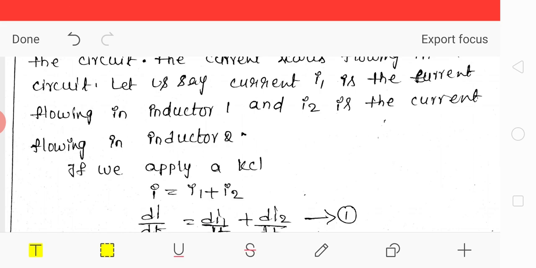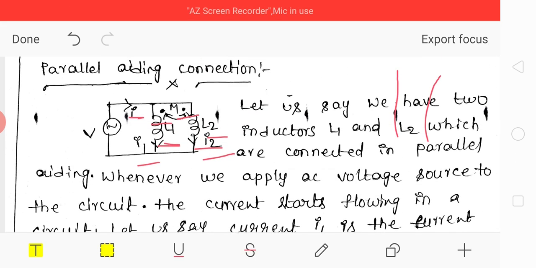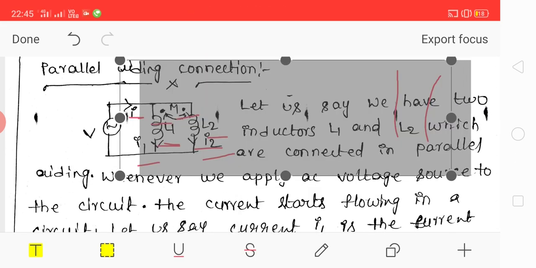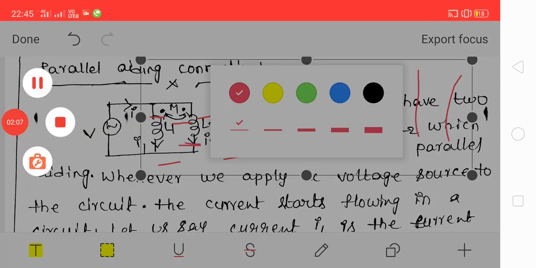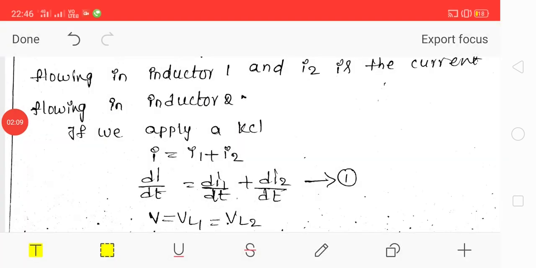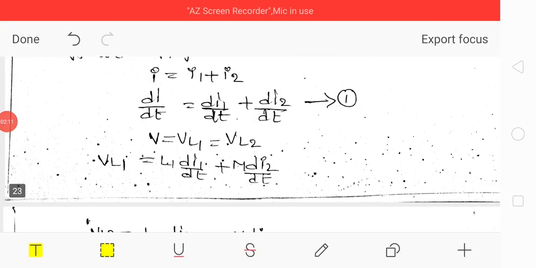If we apply KCL, the total current is I, the first coil current is I1, and the second coil current is I2. So by applying KCL we can write I equals I1 plus I2. By differentiating this equation, di by dt equals di1 by dt plus di2 by dt.